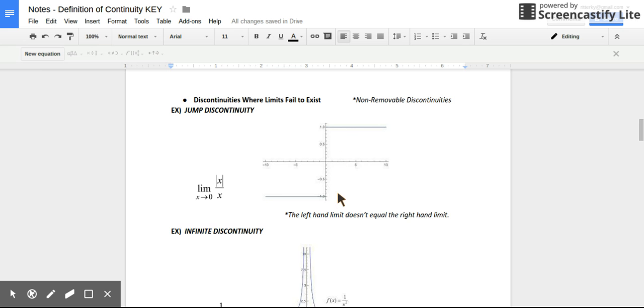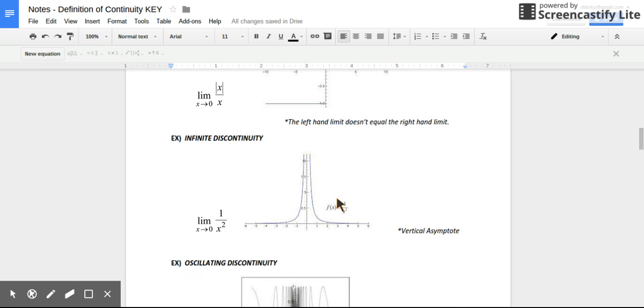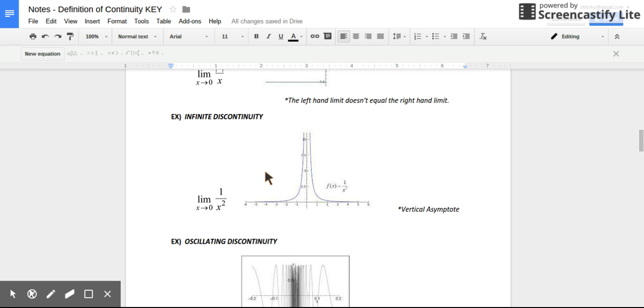We're jumping there. The second type is called an infinite discontinuity, or sometimes it's called an asymptote discontinuity. We need to be careful when we're describing this because the definition of a limit says that it exists if the left-hand limit and the right-hand limit are the same value. And it may seem that that is true here.